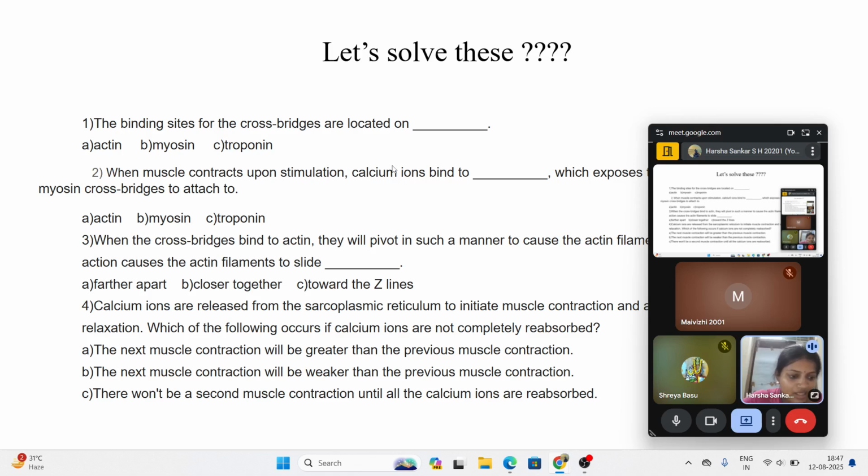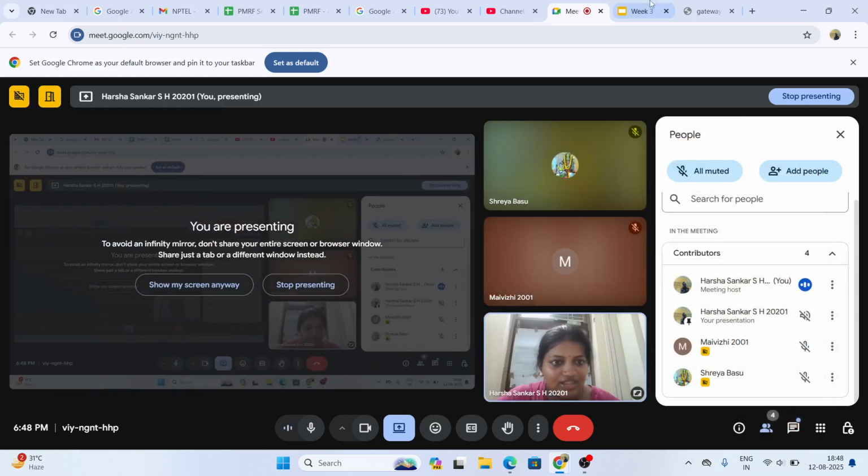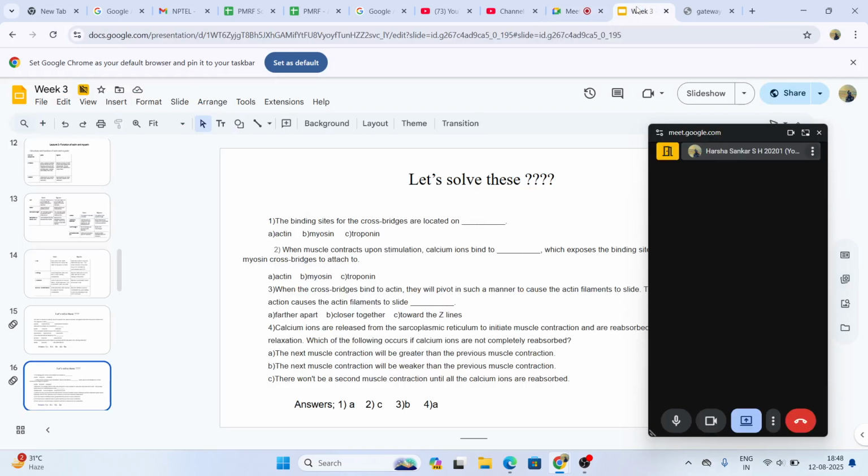But actin has three different units, right? Actin, tropomyosin, and troponin. Then we have to look into whether troponin is there or not, right? I am really sorry, my screen is getting stuck.